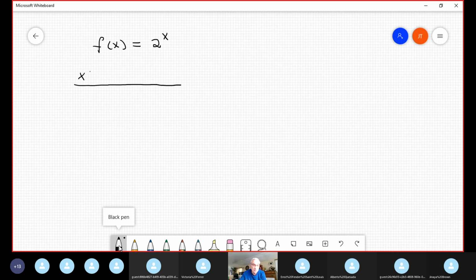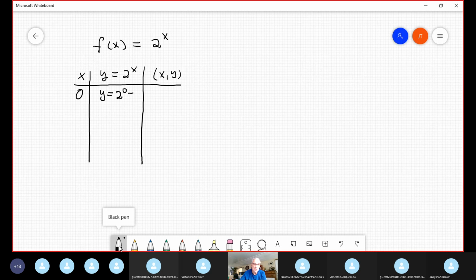I put x here. I put y equal to 2 to the x. I put the point x comma y. Suppose x is 0. Okay, y is equal to 2 to the 0. I know that any number raised to the 0 power is 1. Therefore, the point is 0, comma 1.